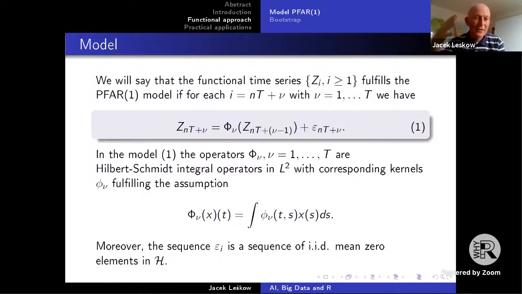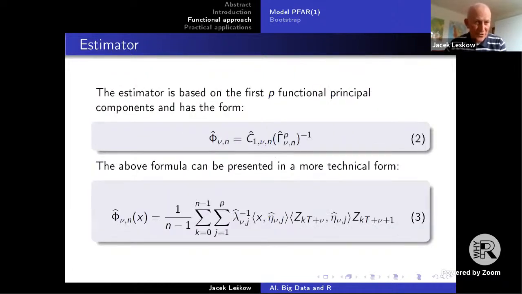And essentially, this is a type of autoregressive model, but now written between curves and not between just data points of fixed dimensionality. One of the main things is to be able to estimate such a model. When you work with curves, you need estimating procedures that are able to handle curves, and thanks to the functional data analysis package in R, we are able to do that.